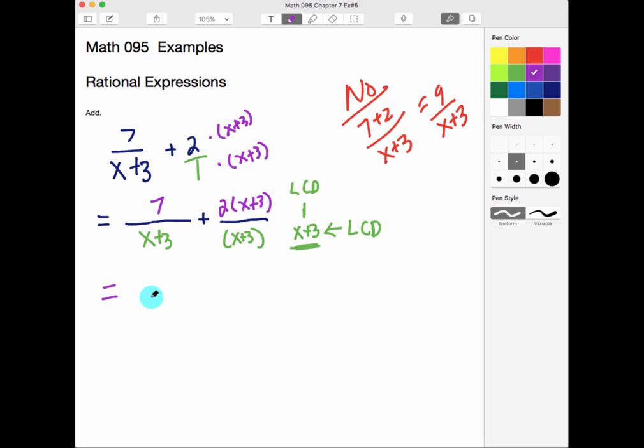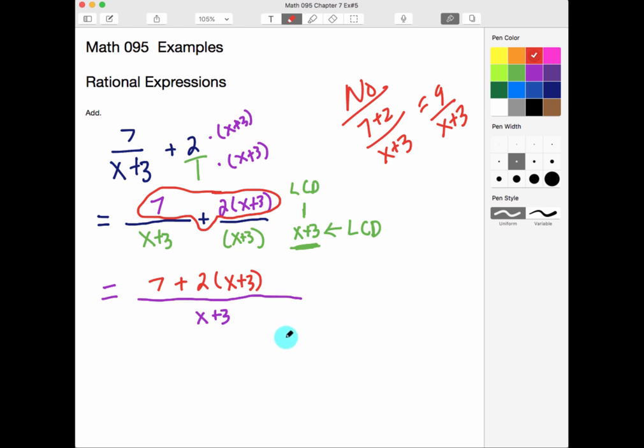Like in our other examples, when we were adding fractions with the same denominator, once I had the same denominator, I could write everything over one single denominator, x plus 3. And then with addition, I can just slide all of these numerators, taking all of this and making one single numerator: 7 plus 2 times x plus 3.